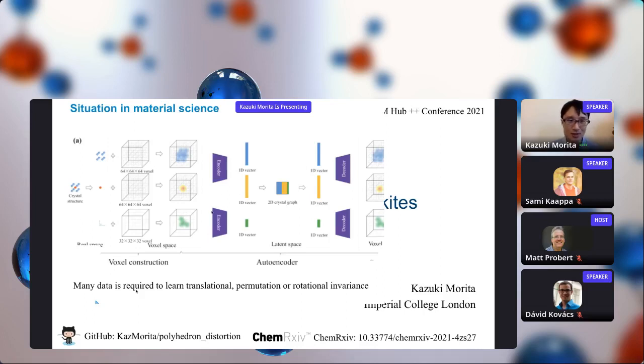This is only one example, but some people have encoded crystal structures into this type of box cells and effectively used an image recognition algorithm to train a model. As far as I have read their paper, it seems to be successful, but typically these approaches require a lot of data because the knowledge of the domain isn't built into the model. If we want to use a small data set, which is often the case in materials science, we want to use an efficient material representation.